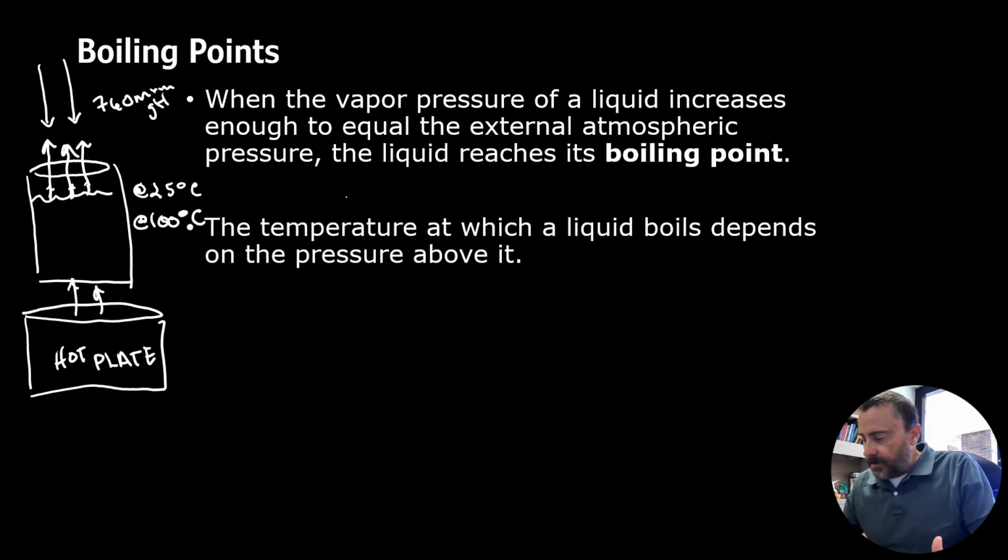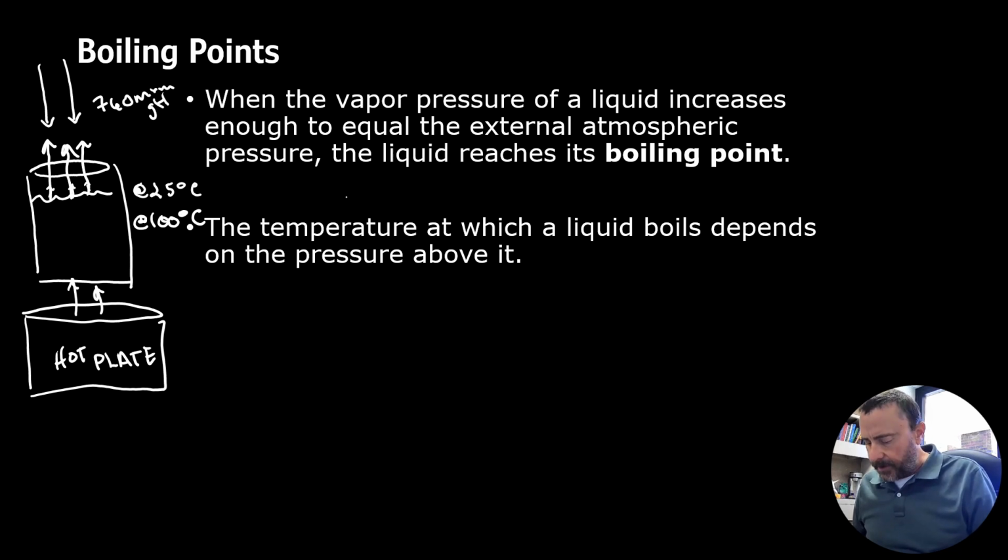So here in Colorado, where we're way above sea level, there is less atmosphere up above us, and so there's less pressure being pushed down upon the water. And since there's less pressure being pushed down upon the water, it's easier to boil the water because we don't have to push it to quite as high of a temperature.